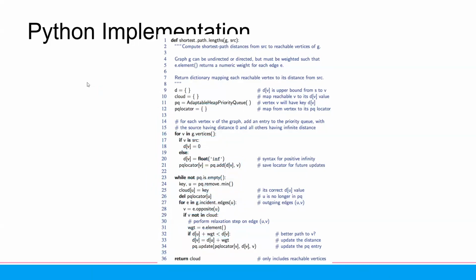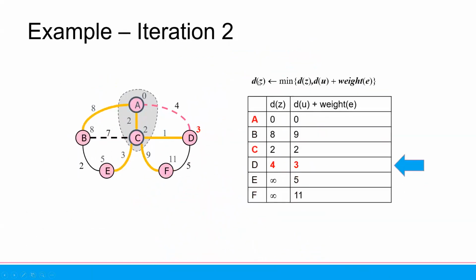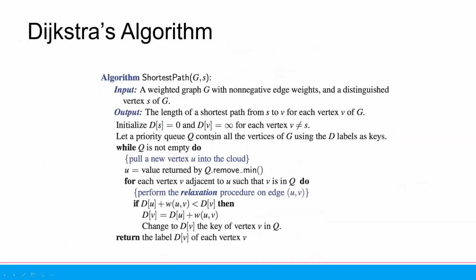So we want to check whether d[z], which is the current distance from the origin, will be smaller than d[u] plus weight(e). So the formula is, when we use the shortest path, we can have this pseudocode. So we can apply this into the code in the Python implementation.